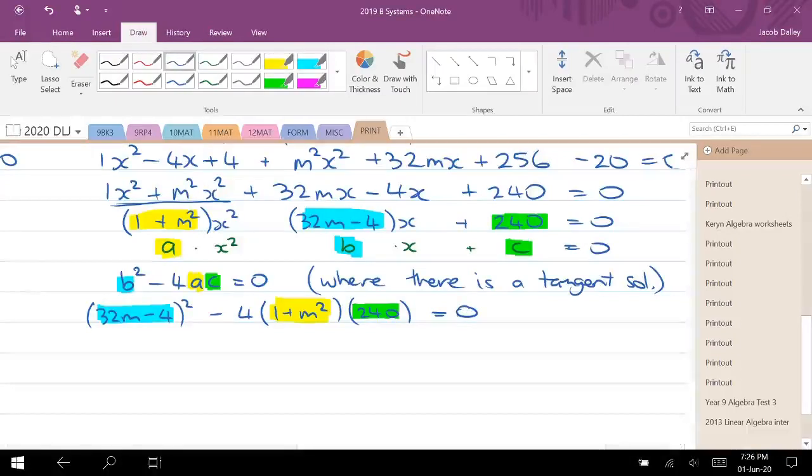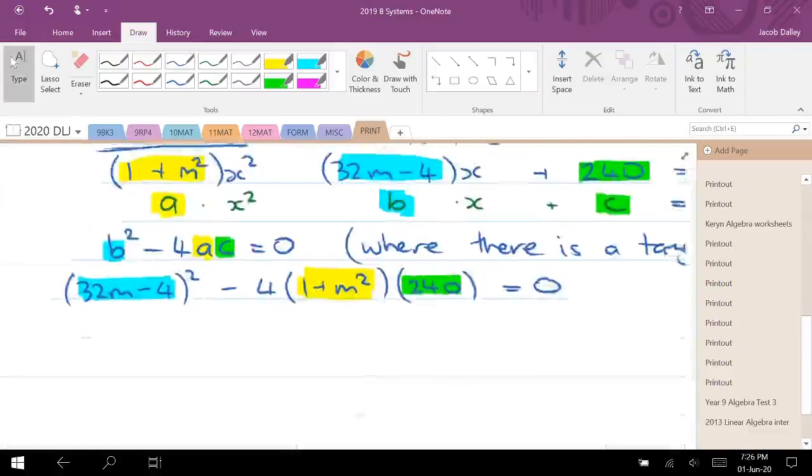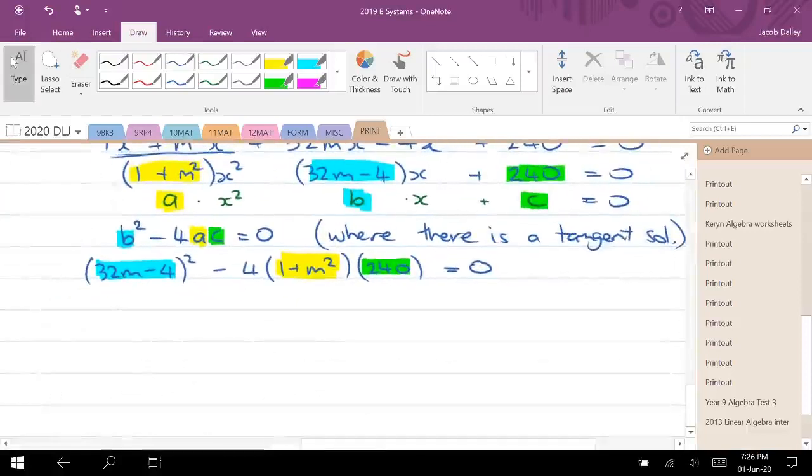Right, so what we want to do now is expand these brackets and put our like terms together. So when we expand our blue bracket here, we're going to get 1024 m squared, big numbers. Okay, we're going to get negative 256m, so 32 times negative 4 times 2 will be our middle term, and then negative 4 squared is going to be 16.